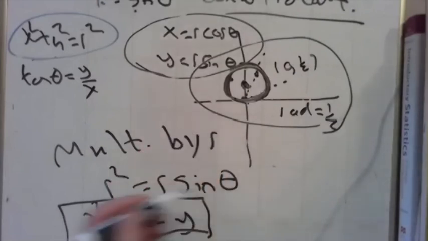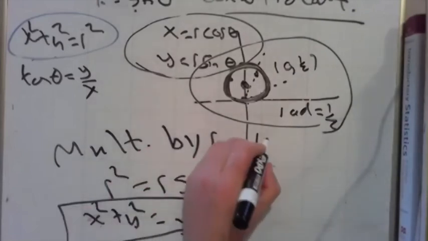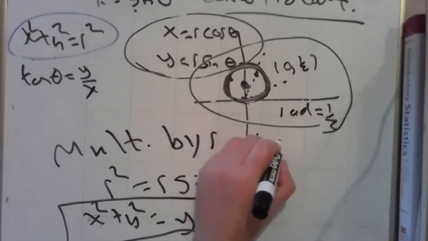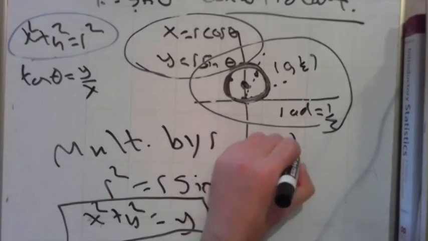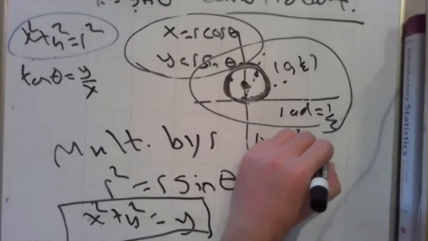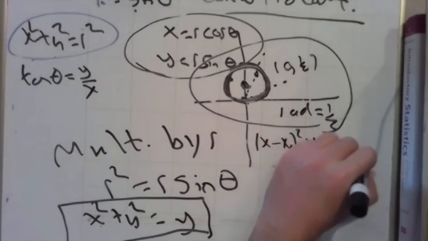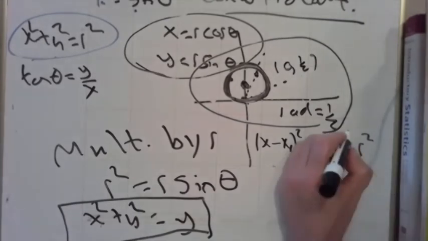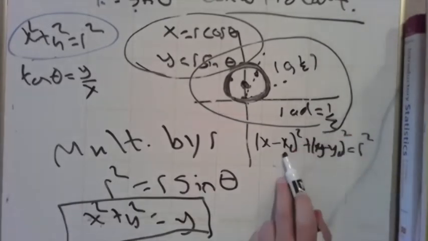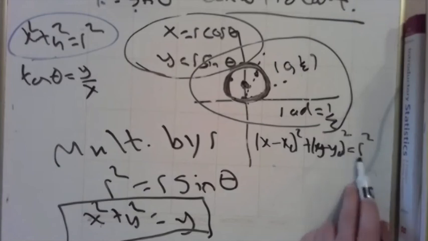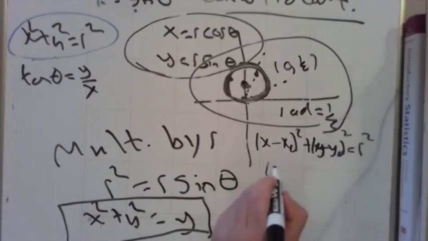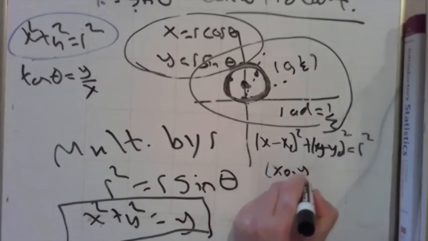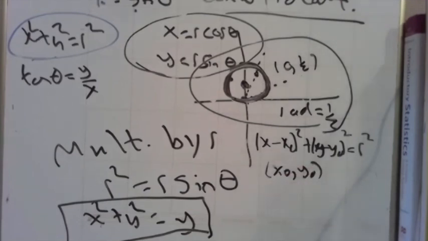So if you've taken pre-calc, you know that your standard form for a circle looks like this. x minus x naught squared plus y minus y naught squared equals r squared, where the center of your circle is x naught, y naught.